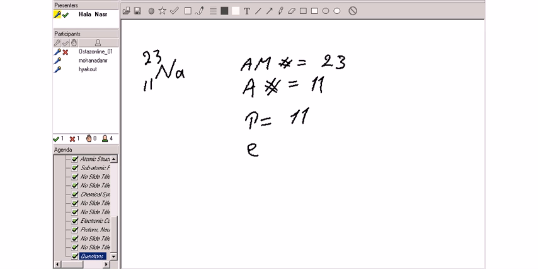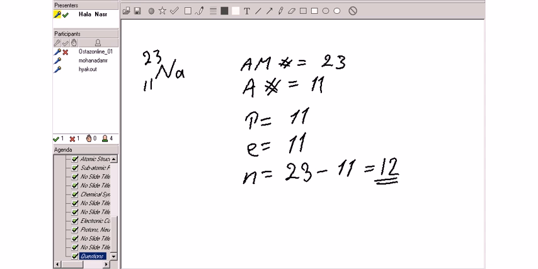Very good. And the number of electrons? 11. Excellent, because it's equal to the protons, and that's why the atom is neutral. Now let's see the neutron. Do you know how to do it? 12. How did you know? Very good. So 23 minus 11 equals 12 neutrons. So sodium has 12 neutrons.